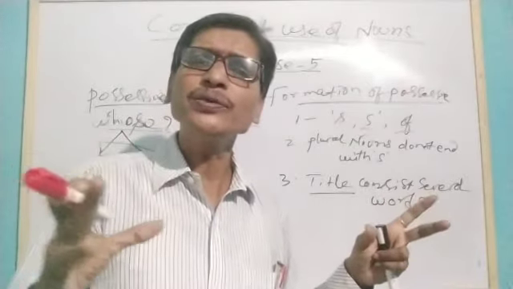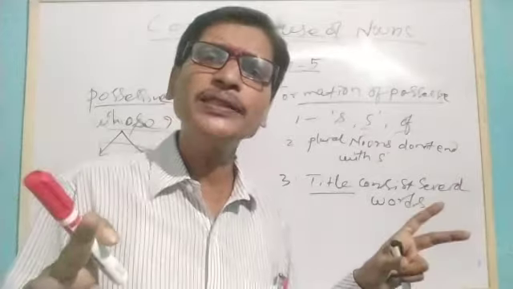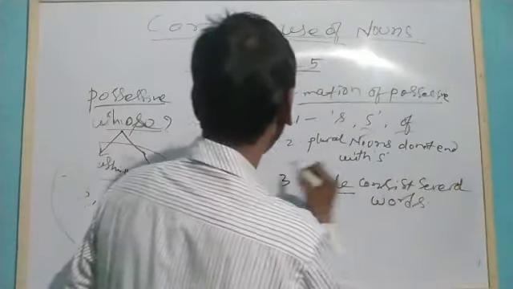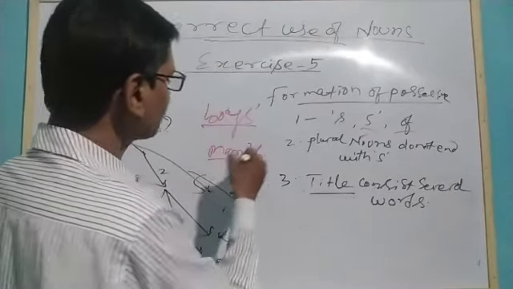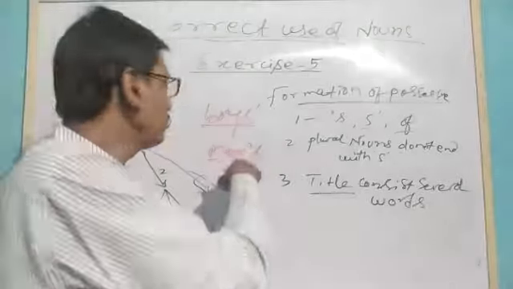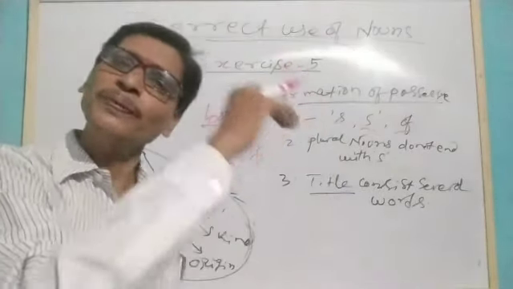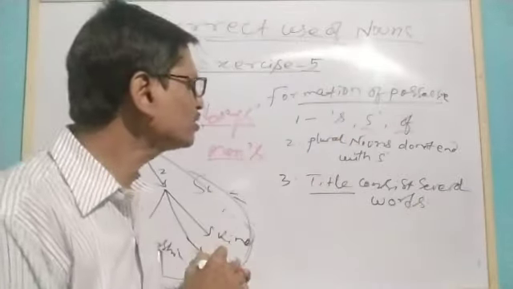So when we are using such words which are already plural but do not end with s or es, what do we do? We simply use apostrophe s, like children's. It's a plural subject, doesn't end with s, but to make their possessive, we use apostrophe s, not s apostrophe. So that will be understood.